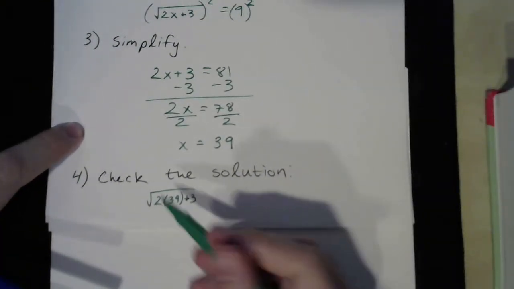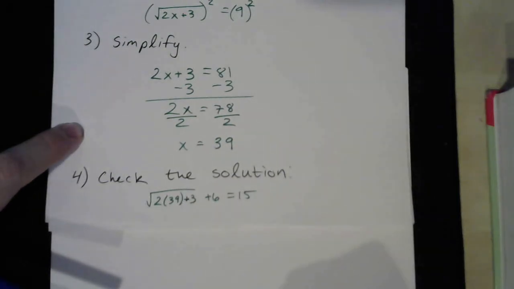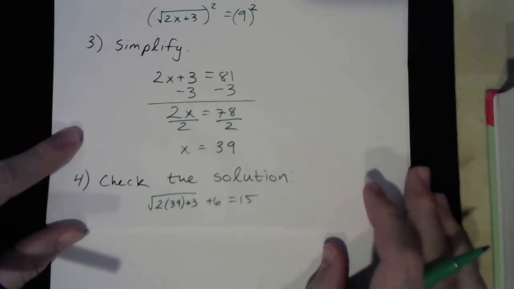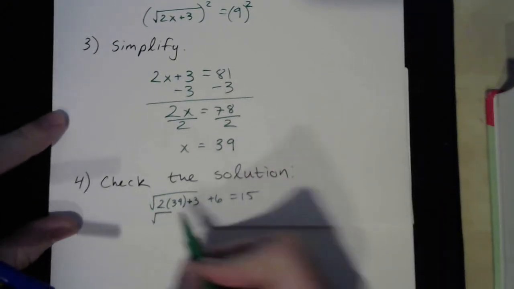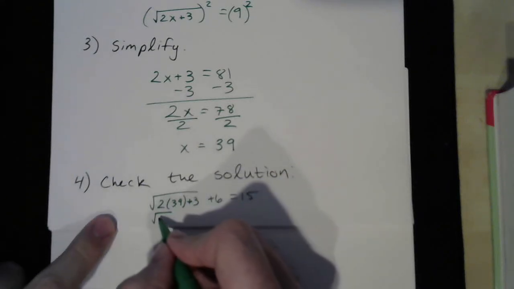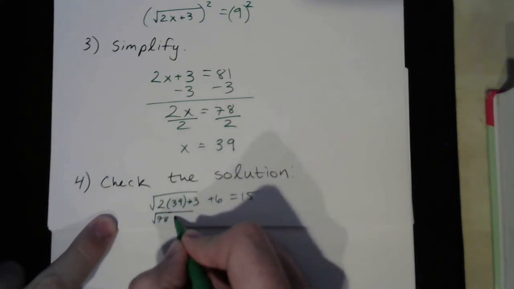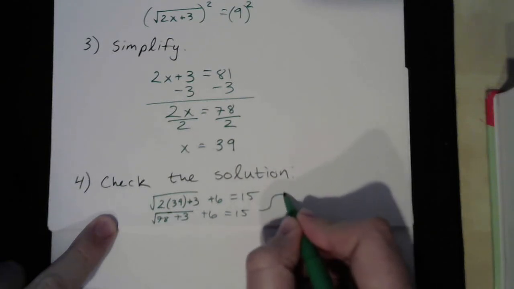So the square root of 2 times 39 plus 3, plus 6, should equal 15. 2 times 39 is 78, plus 3, plus 6 should equal 15.